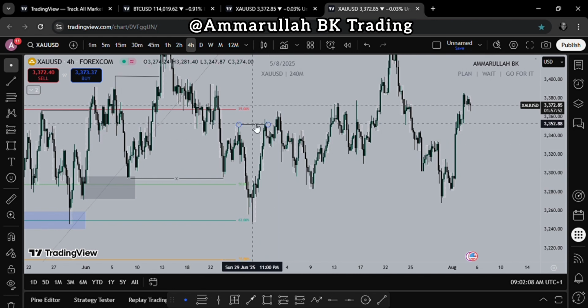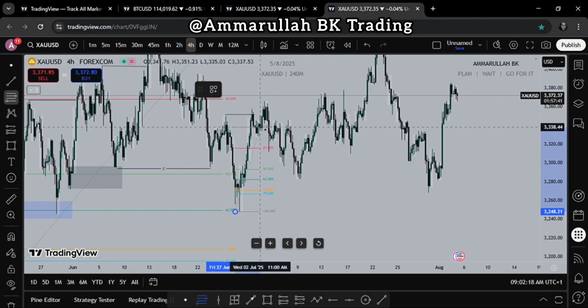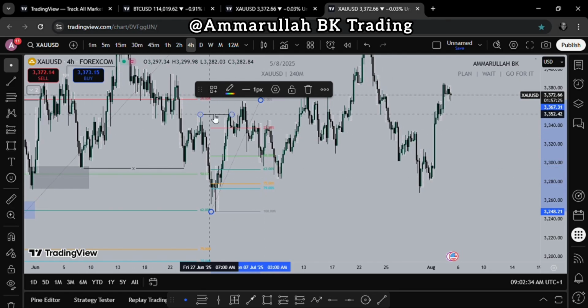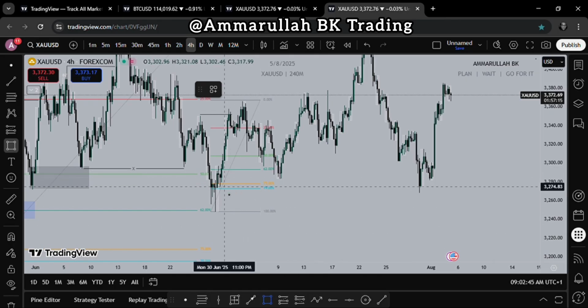So there we are going to look for more entry confirmations, which is for more entries, which is marking the midpoint of the price range from this low to this high. The midpoint is this 50%. Then the discount level is below the 50%, right? So below that 50%, after this break of market structure, what do we have? We are going to look for an order block or a fair value gap below the 50%. That's below the equilibrium, from this low to this high.